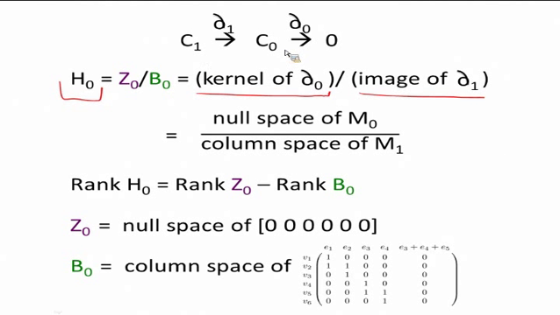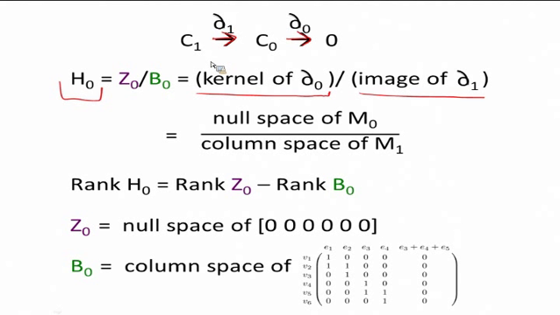So it was the kernel, everything that got sent to 0, which was all our vertices. Modding out by our relators was our edges. So if there was an edge, we wanted to mod out by that, get rid of any edges that were connected, because we just wanted the number of components.